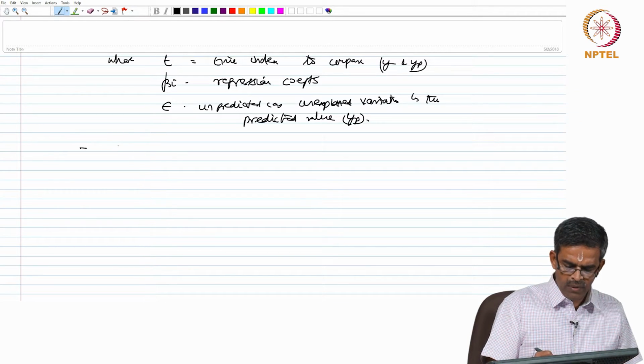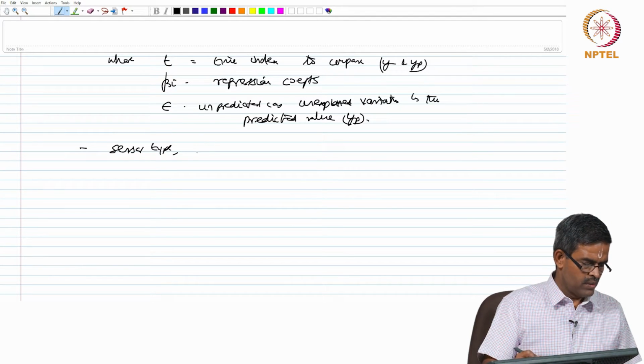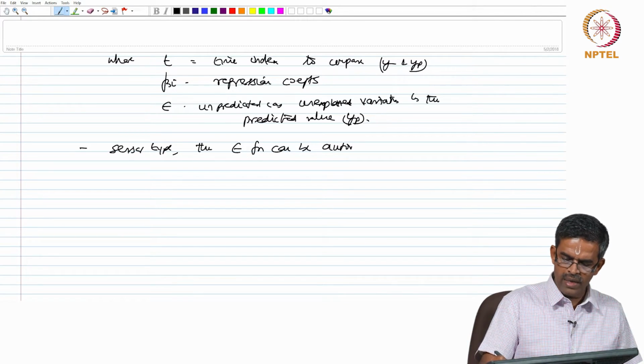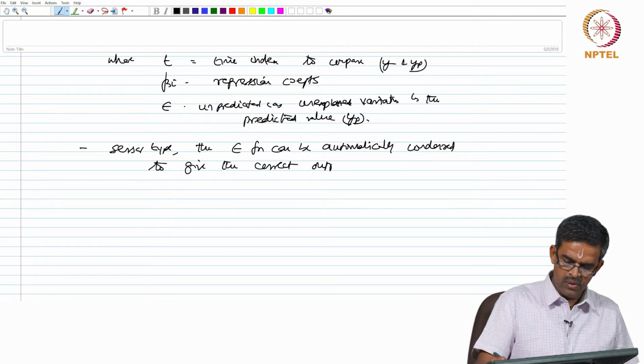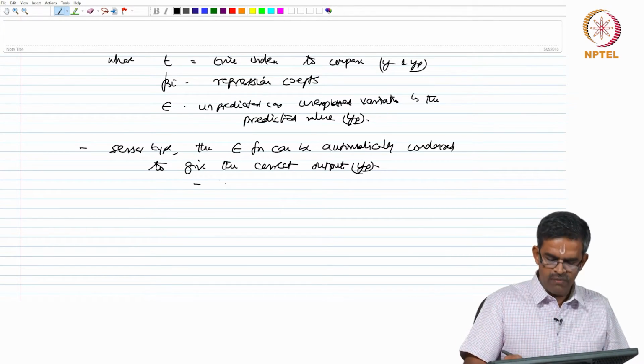So, depending upon the sensor type, the error function can be automatically condensed, output y p, which can be, for example, a mean value.